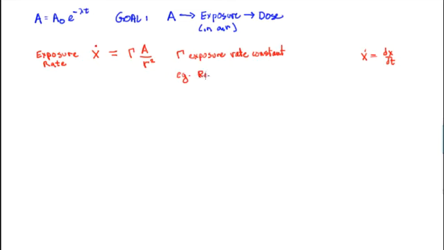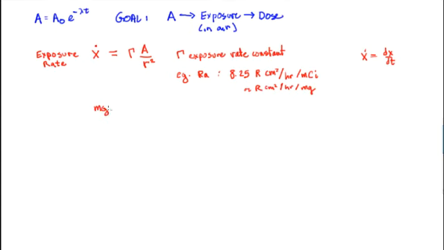So let's take an example. Radium has an exposure rate constant of 8.25. And the units here are Roentgen centimeters squared per hour per millicurie, or if you're talking about radium, you sometimes say Roentgen centimeters squared per hour per milligram of radium.